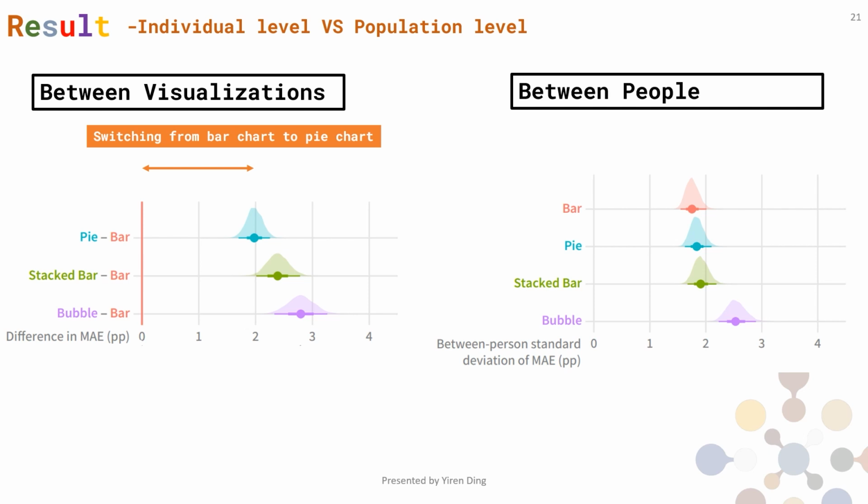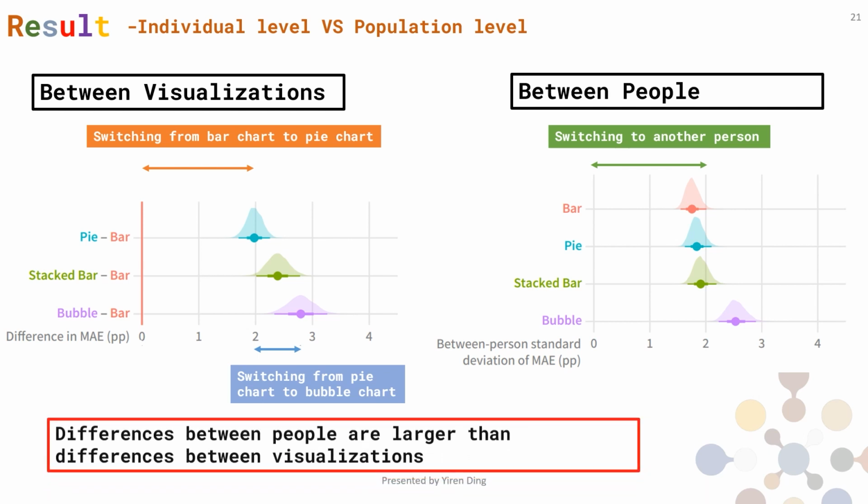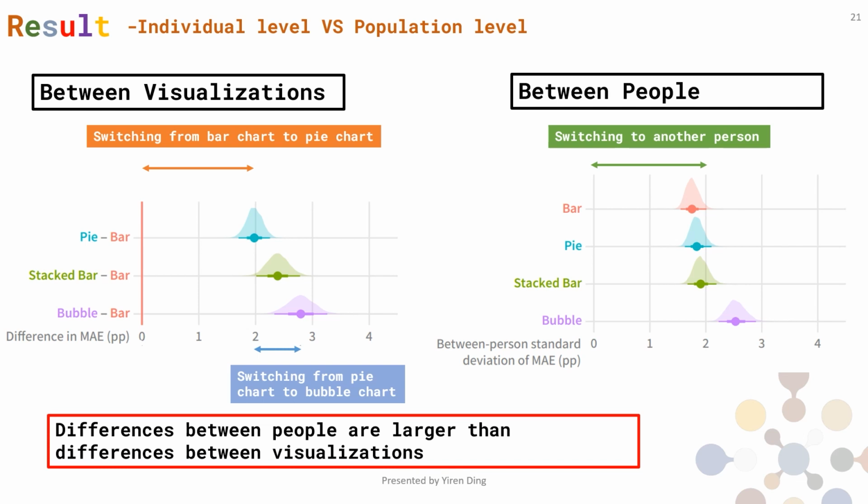But if we just switch to another person, we can also expect this much change in error. And you can see if we switch between other chart types, like pie to bubble, the expected change in error is relatively small. So the differences between people are larger than the differences between visualizations.